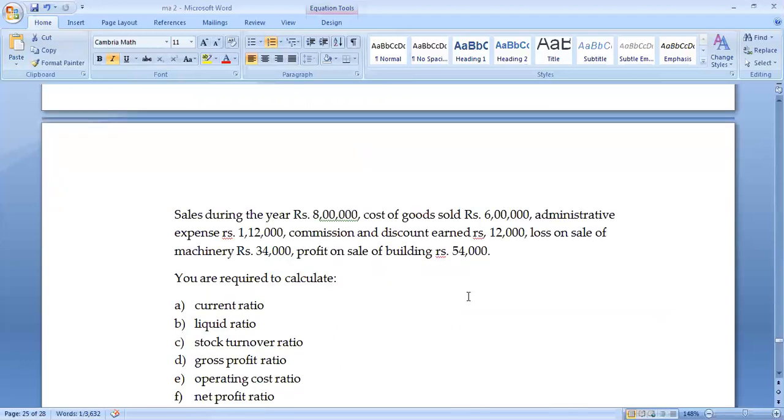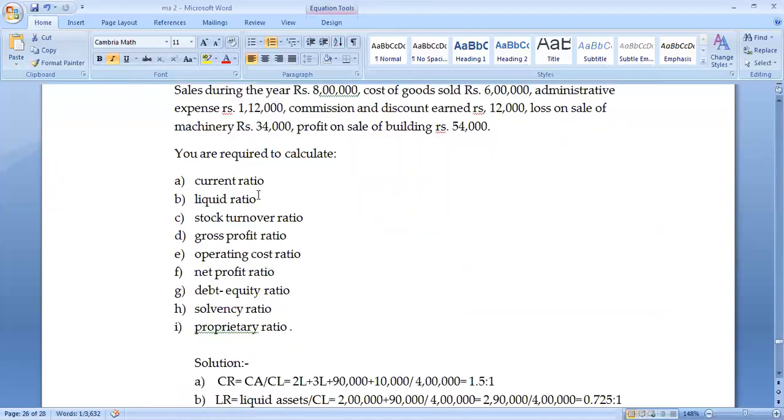Okay, so here you are required to calculate the current ratio, liquid ratio, stock turnover ratio, gross profit ratio, operating cost ratio, net profit ratio, debt equity ratio, solvency ratio, proprietary ratio. Proprietary ratio and solvency ratio will always have a connection between these two.